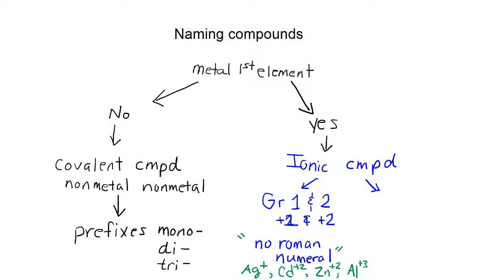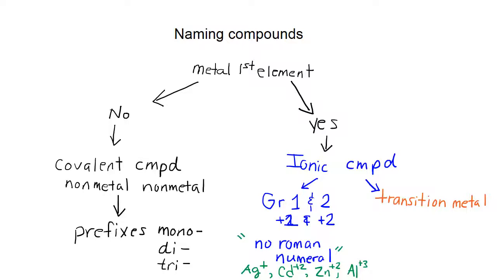So what if it's an ionic compound and you're dealing with the transition metals? Then what you have to do is figure out the charges and indicate them with a Roman numeral.